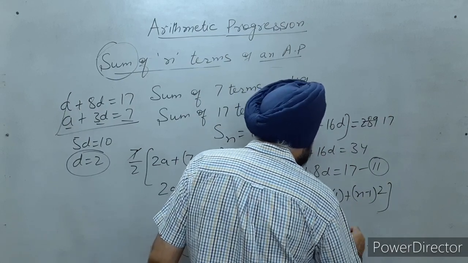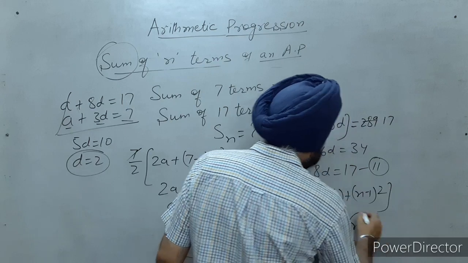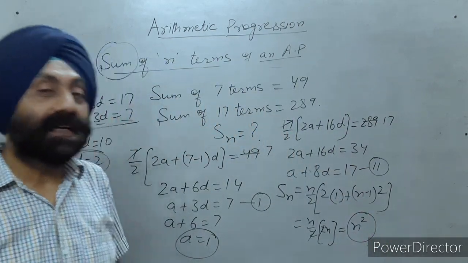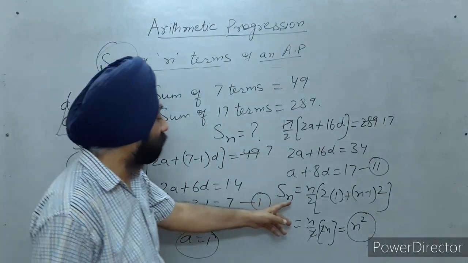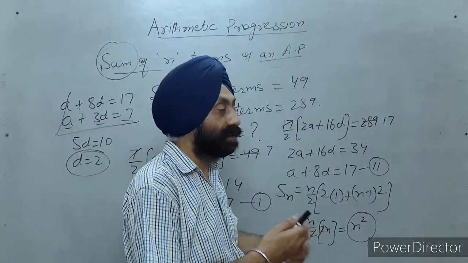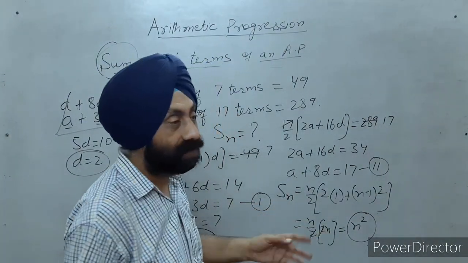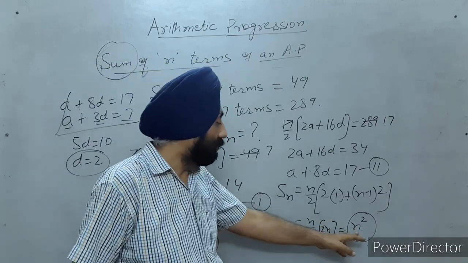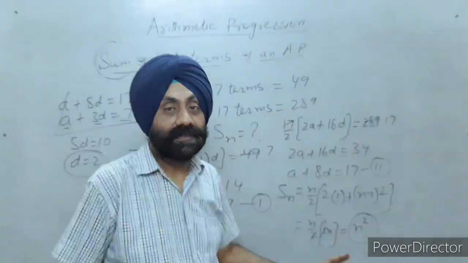The 2 cancels with 2. I get the answer as n square. The answer will be in terms of n, because I don't have the value of n, such as the sum of 17 terms or 18 terms. So I get the answer in the form of n.